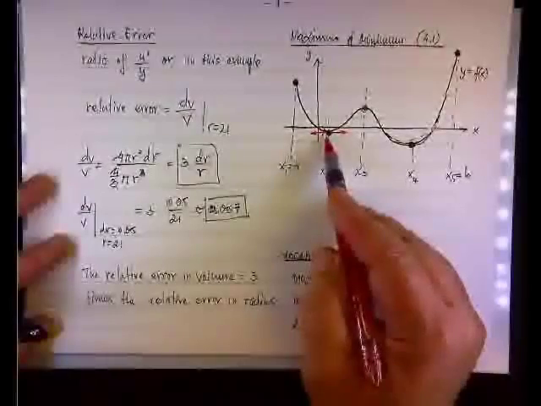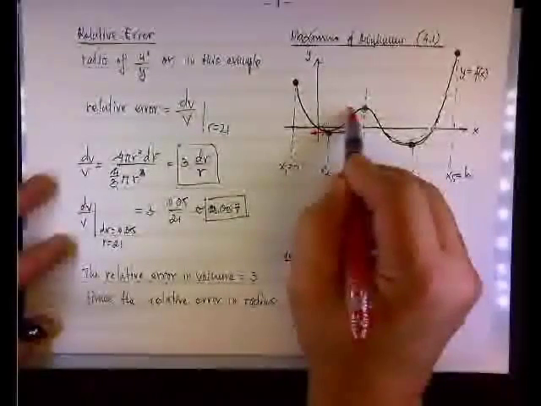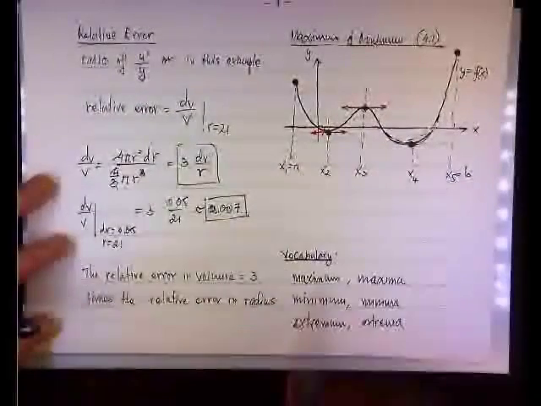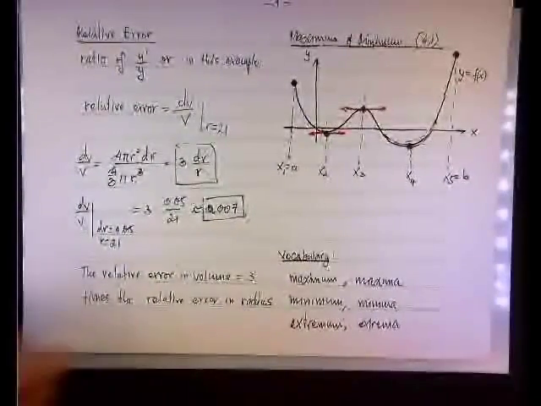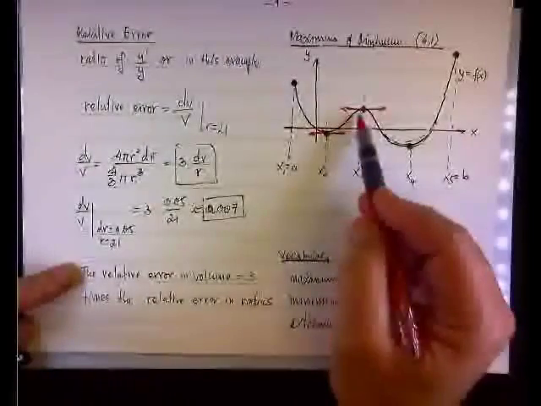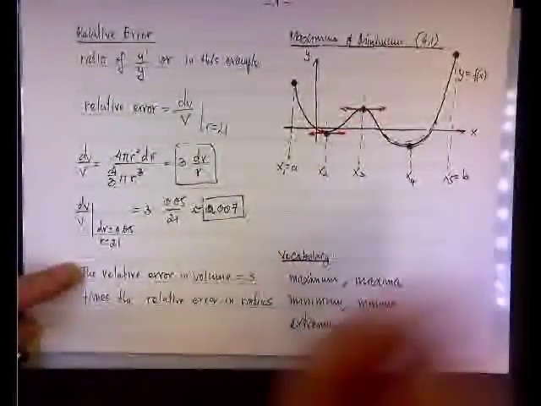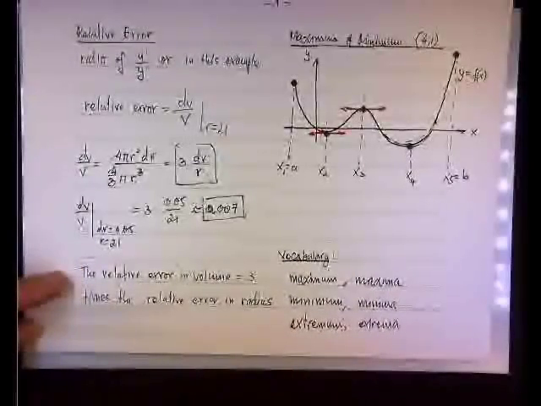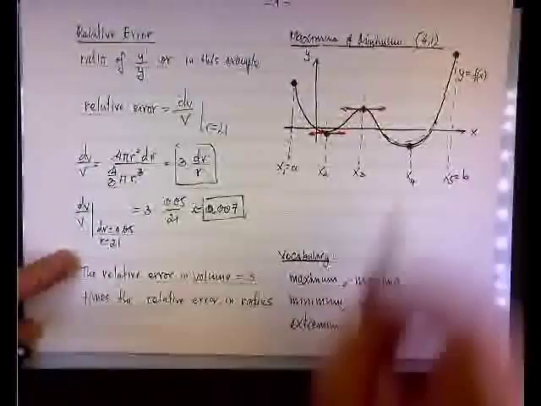The tangent is horizontal. Likewise, x3 represents a local maximum because every point near x3 has a y value that is less than f of x3.